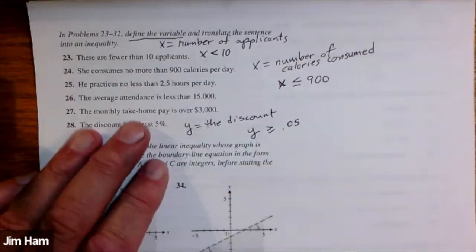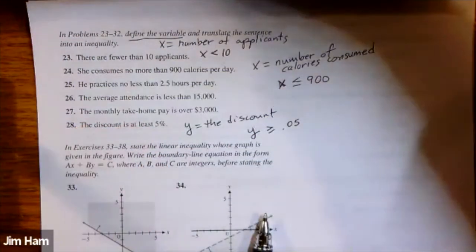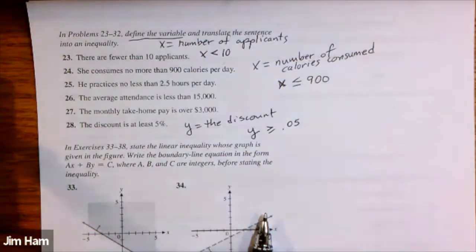Okay, go ahead and write number 27 in the chat box. You can use the inequality symbols right on your computer keyboard.